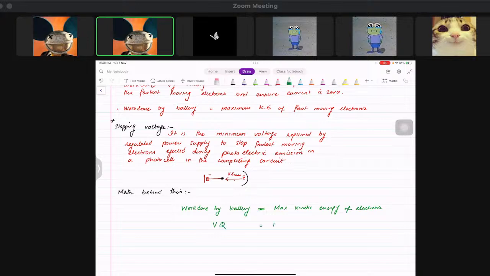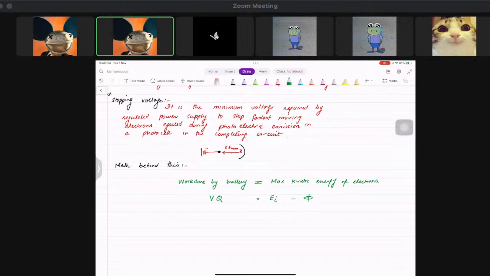So this is the energy of the incident photon minus the energy of the work function. Let me just tell you what's happening here. The stopping voltage is Vs and the charge on the electron is e. The incident energy, which the photon has, is equal to Planck's constant times the frequency of the incident wave. Do you understand this?